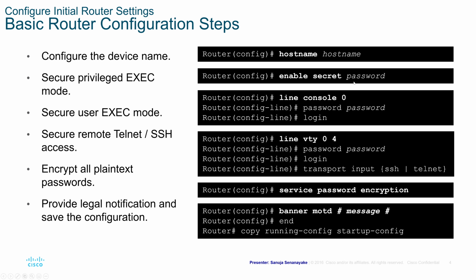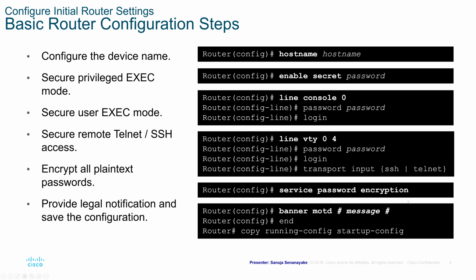Then enable secret password will allow you to secure the privileged executive mode. The line console 0 will allow you to secure the executive mode lines with the associated password. The line VTY will allow you to secure the Telnet and SSH access.